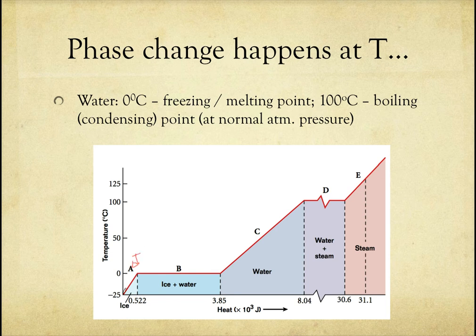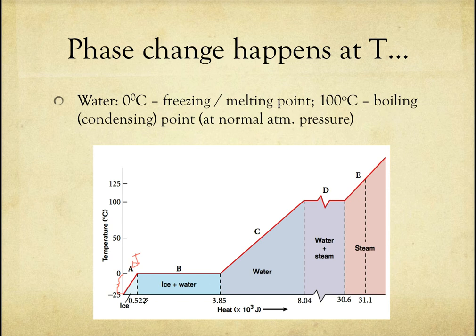It went from negative 25 to 0. Since there was a change in temperature, you will do Cp m delta T, and you will use Cp for ice, because right now that substance is ice. Then you hit a plateau, which means that now, even though you're investing energy, that energy is going into potential energy of the particles. It's melting. Particles are moving farther apart.